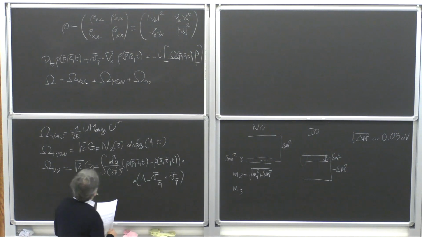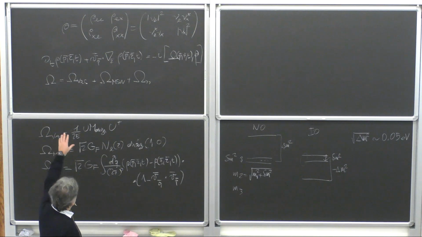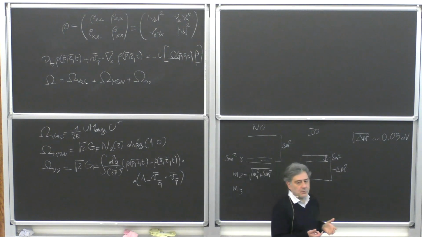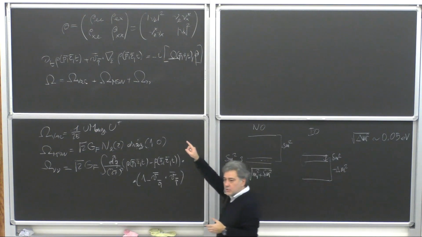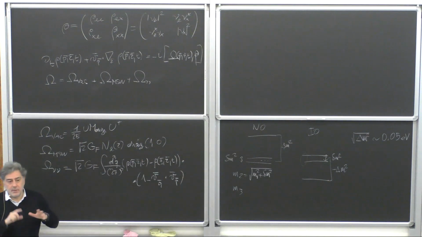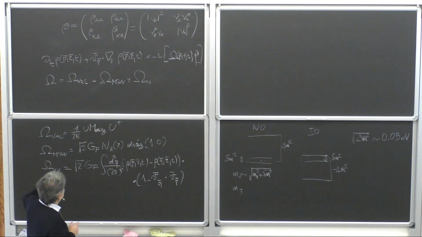Now, for instance, if you have a stationary situation, the first term in the equation of motion is 0, while if you have an isotropic distribution for neutrino, the second is 0.